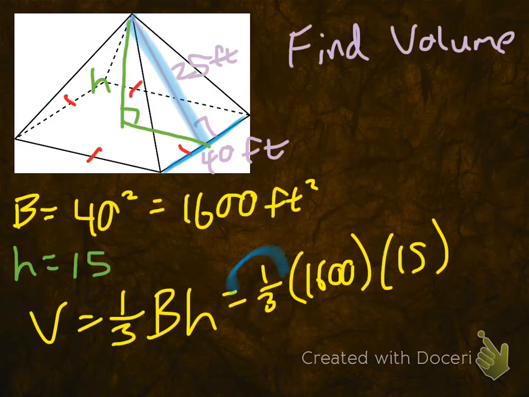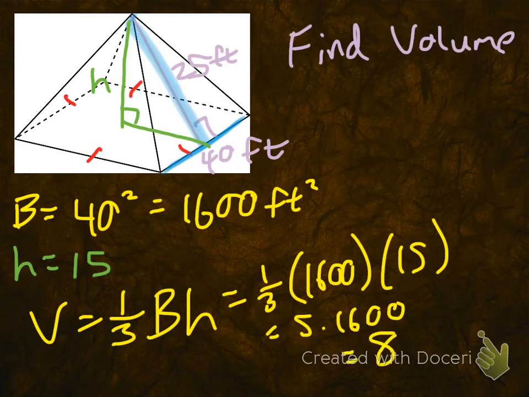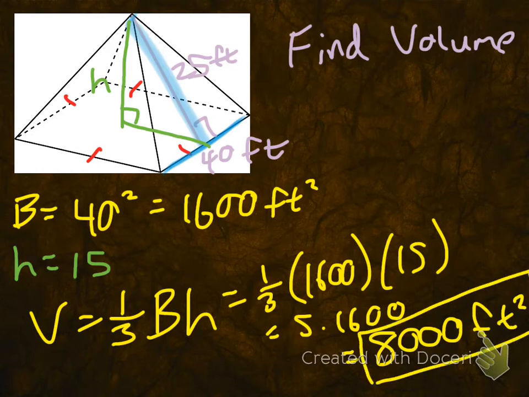You can use the commutative property here and multiply the 1/3 times a number that is divisible by 3, assuming there is one, which will help. So if I multiply the 1/3 into 15, I get 5, right? So this is 5 times 1,600, which is just 8,000. And don't forget your units, 8,000 what? We have cubic feet.